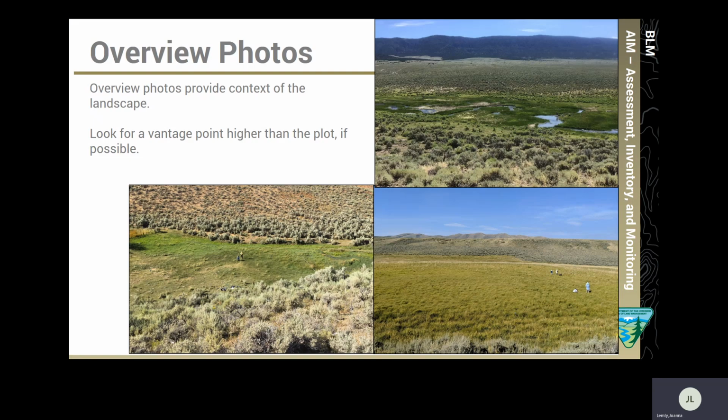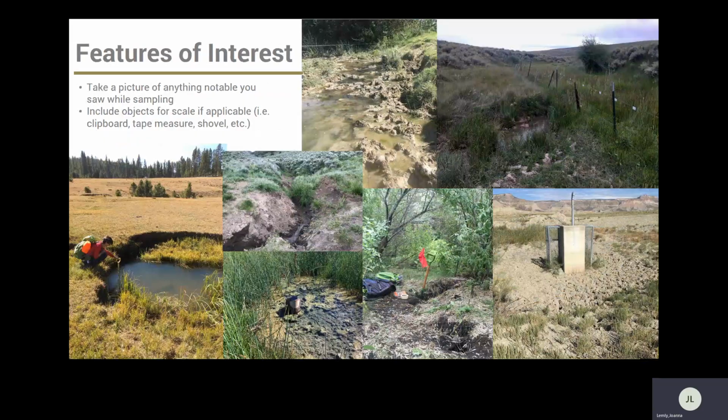In addition to transect photos, it is helpful to take an overview photo that provides context of the site in the landscape. Look for a vantage point that is higher than the plot if possible. And if the transects are visible, that is also very useful. In addition, we take a number of other photographs of features of interest, including anything notable you may see while sampling.